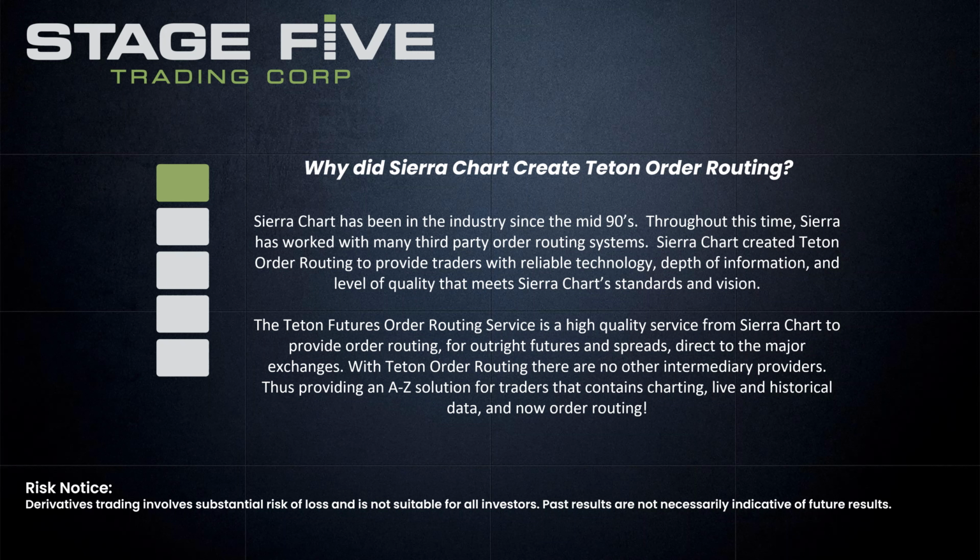These things don't always work exactly as users would expect. And we're very good programmers, we're very good at what we do, and we just knew it was time to create our own direct order routing to the major exchanges.